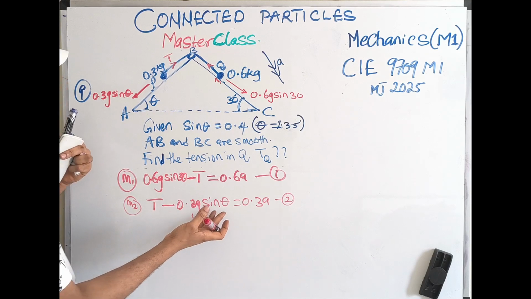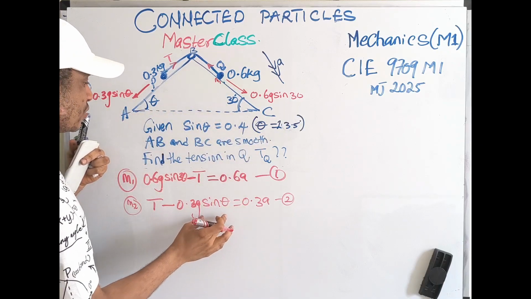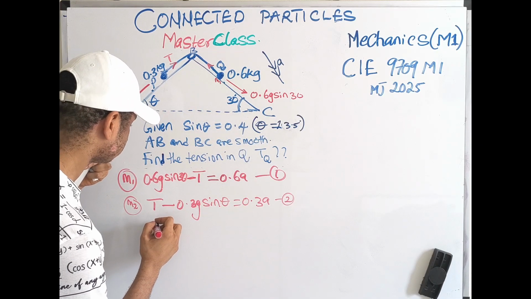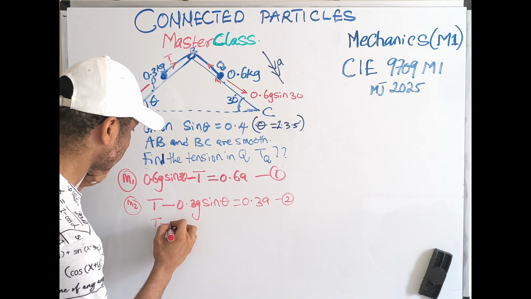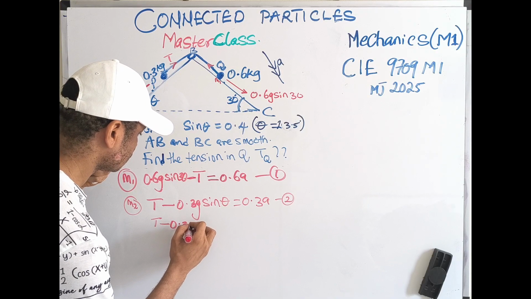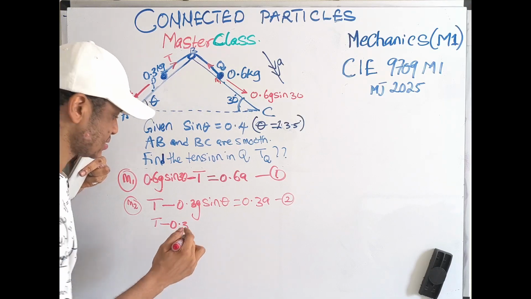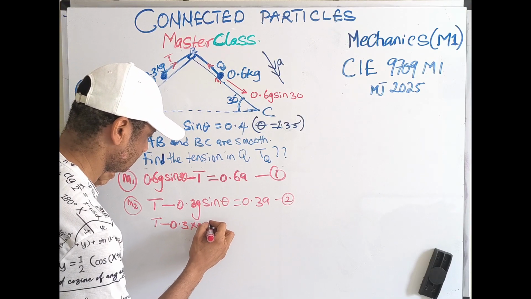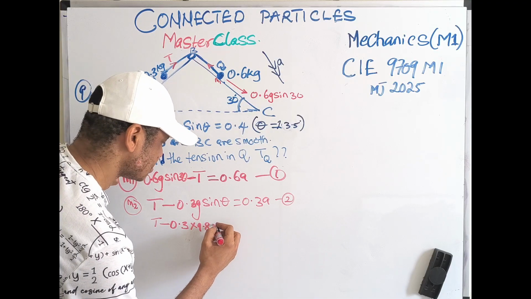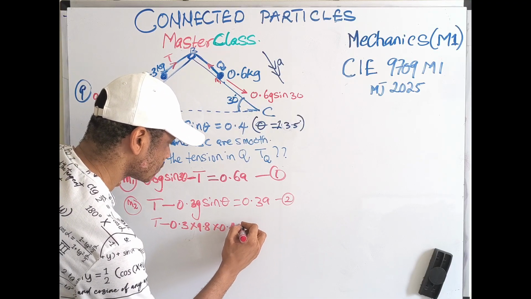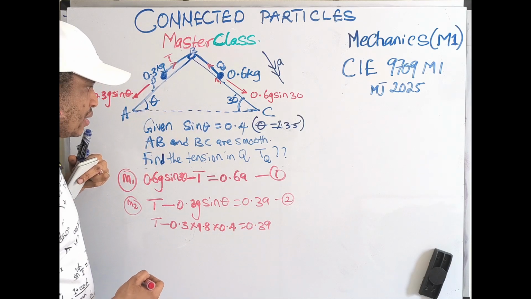So all I need to do is to put sine theta here as 0.4. So from here, this is T minus 0.3 G. So G is 9.8. Okay?